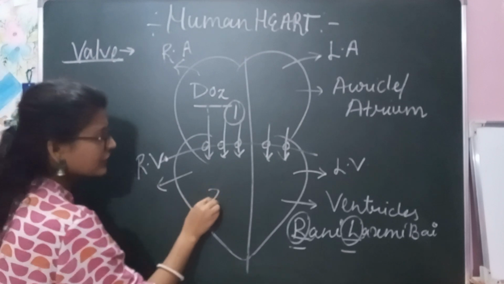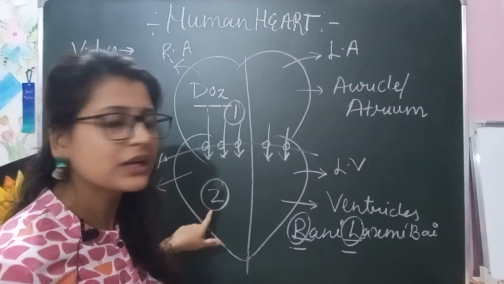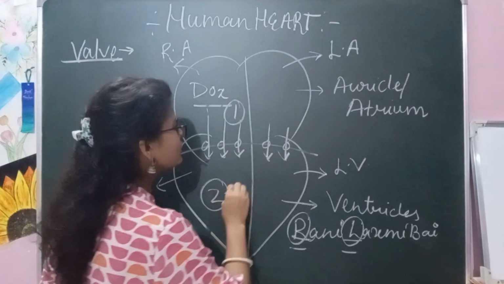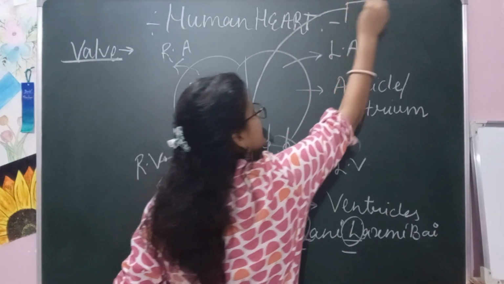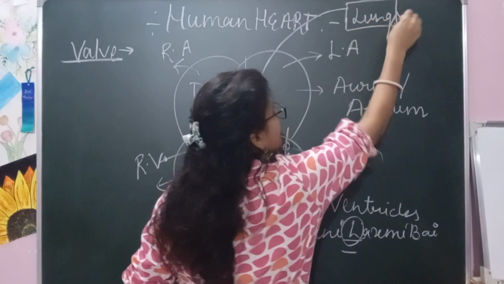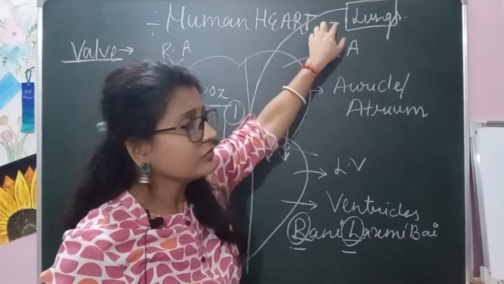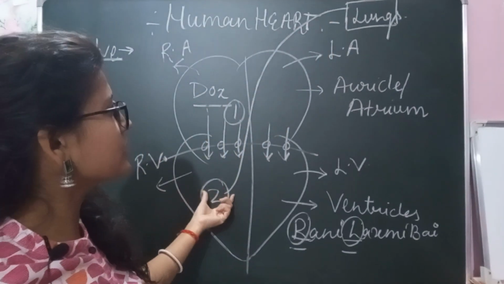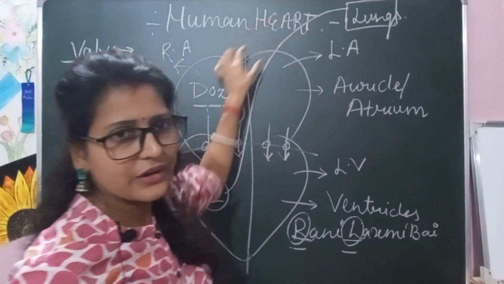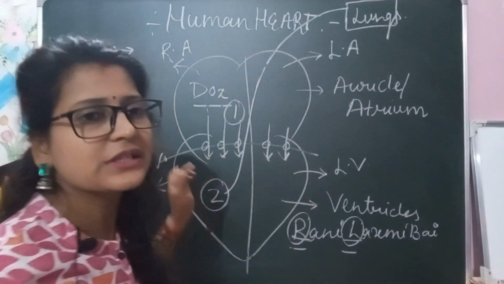Firstly here, then secondly here, then after the right ventricle, it moves to the lungs for the oxygenation process, for the purification of the blood. For this we use a very specific artery, which we will study in detail after this complete circulation.